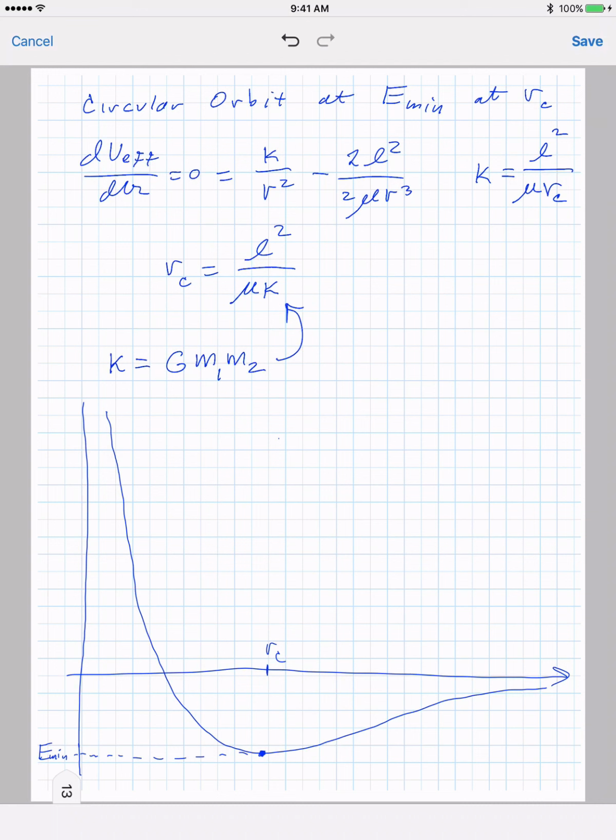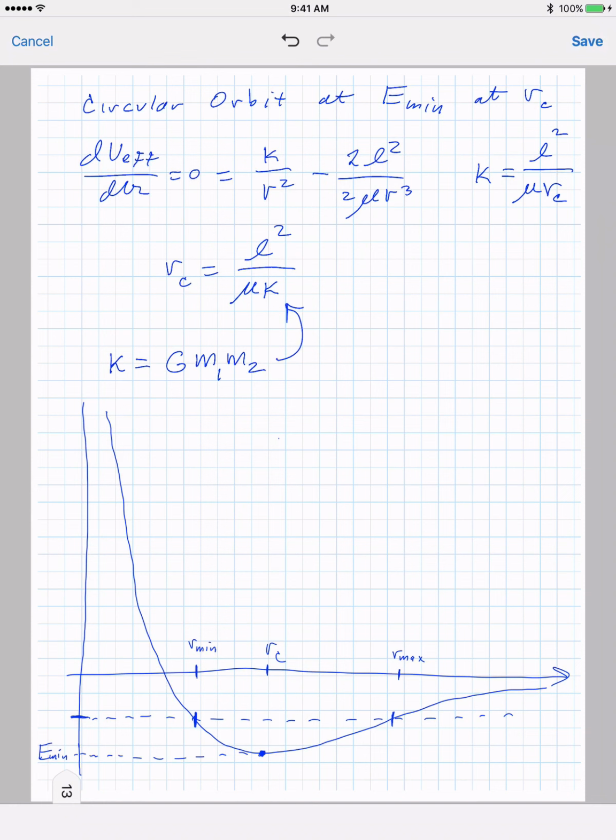But I could have energies anywhere above E minimum. And so let's say I have an energy here. All right, let's actually see what that means. Okay, so let's draw this horizontal. Well, what it means is that there are actually two extreme positions on radius. There's an R min, and then there's an R max.